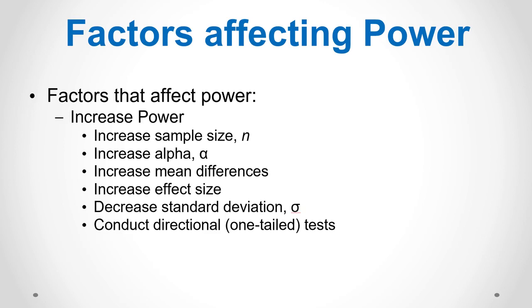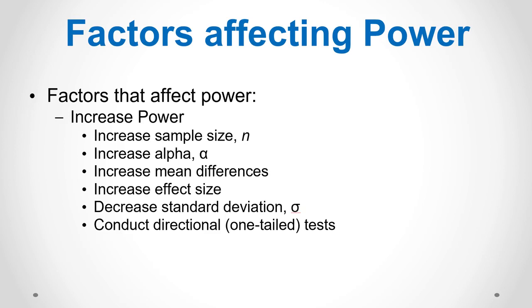Increasing alpha increases the rejection area, which increases likelihood of rejecting the null, which will increase power, and vice versa. Increasing mean differences between sample mean and population mean increases the test statistic, which increases the likelihood of rejecting the null, which will increase power, and vice versa. Increasing effect size increases power, and vice versa.